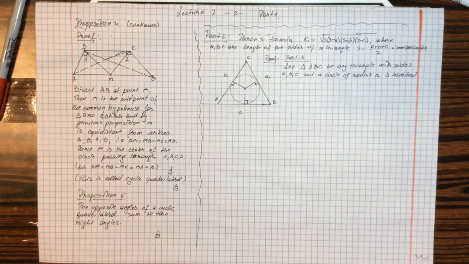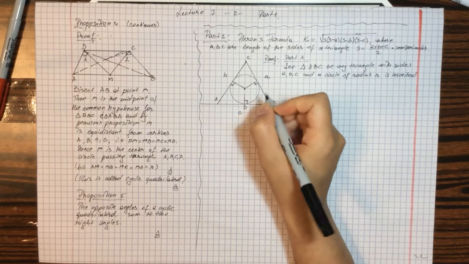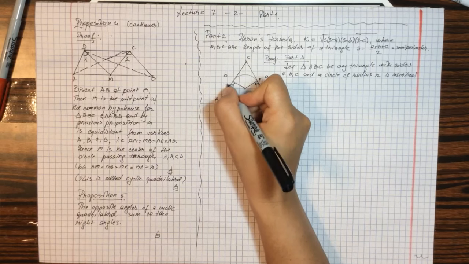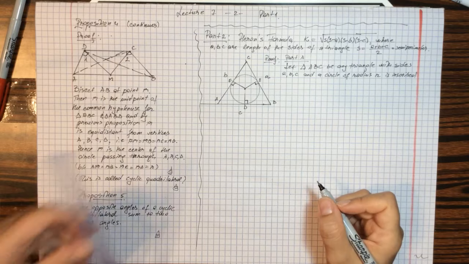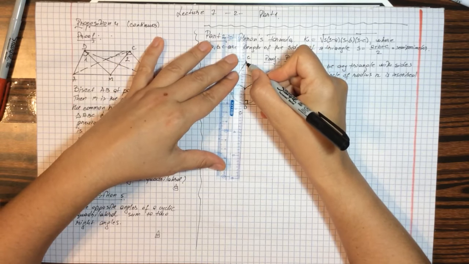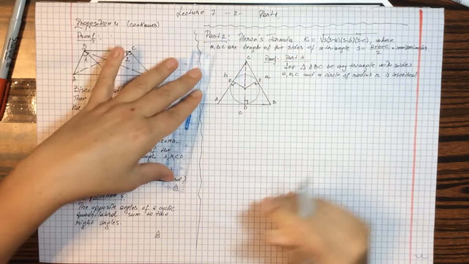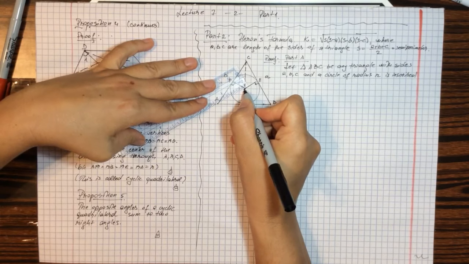Okay, and let me name them. This is point D, this is point E, and this is point F. Okay, so before I move on, let me connect these other dots as I will need them.